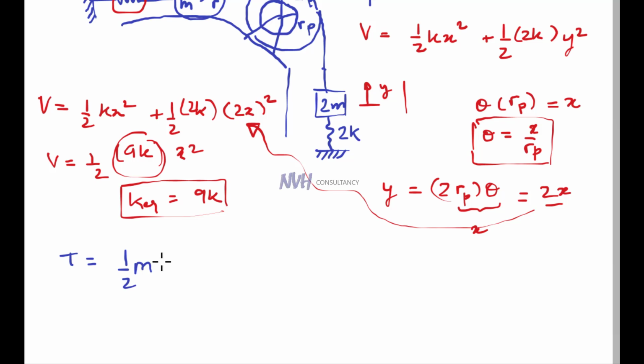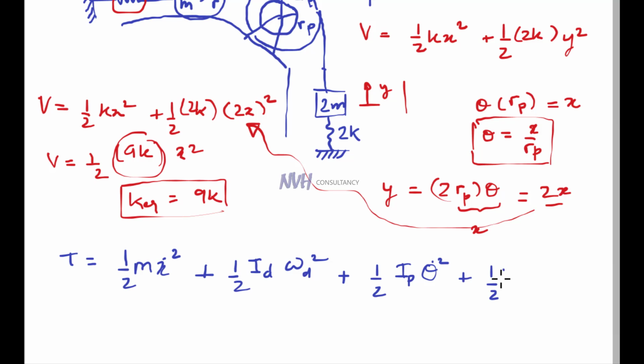So half m x dot square, the translational energy of this drum, plus the rotational energy of the drum, half Id omega d square, plus the rotational energy of the pulley, because it will not have any translational energy, so this is half Ip theta dot square, plus the translational energy of the 2m mass, half 2m times y dot square.